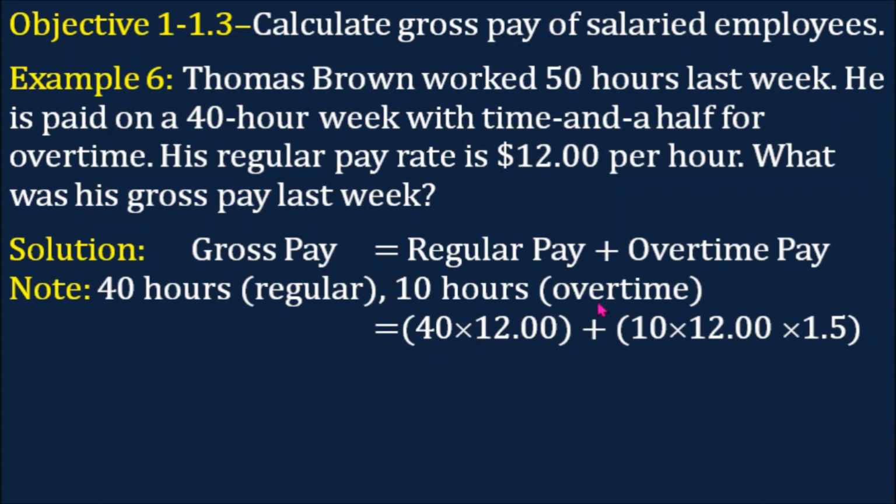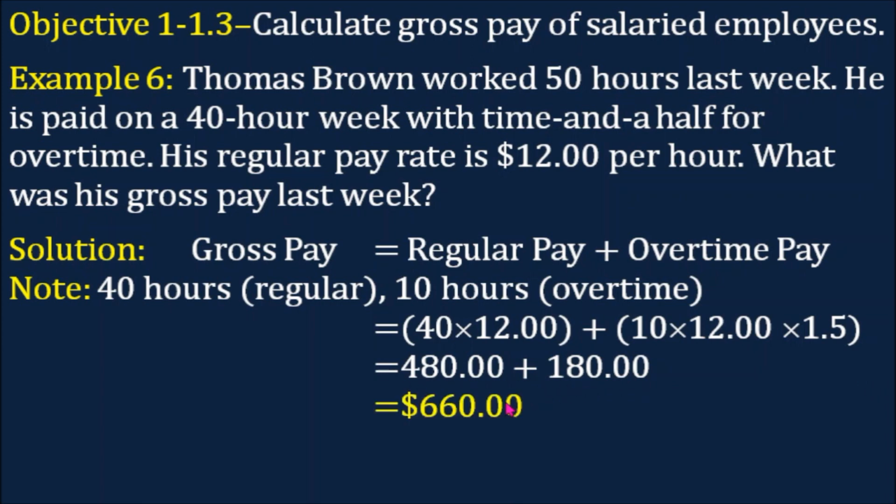Then for the overtime pay, it's 10 hours times 12 times 1.5. And 40 times 12 is 480 plus 10 times 12 times 1.5, that's 180. And 480 plus 180 equals $660.